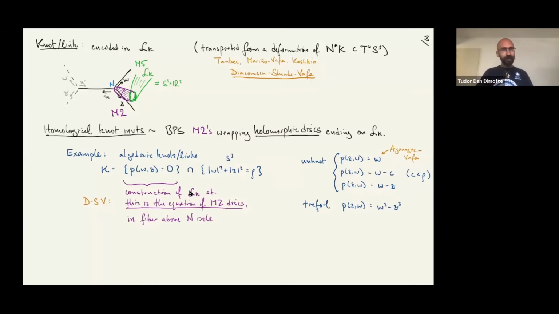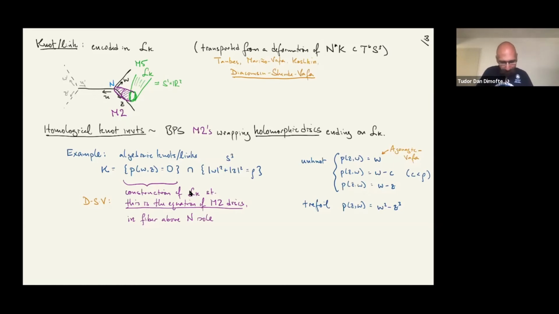The really nice thing about the Diaconescu Shende Vafa construction is that the Lagrangians L_K they write down are precisely such that the M2 holomorphic disks related to an algebraic knot wrap these curves P equals 0.